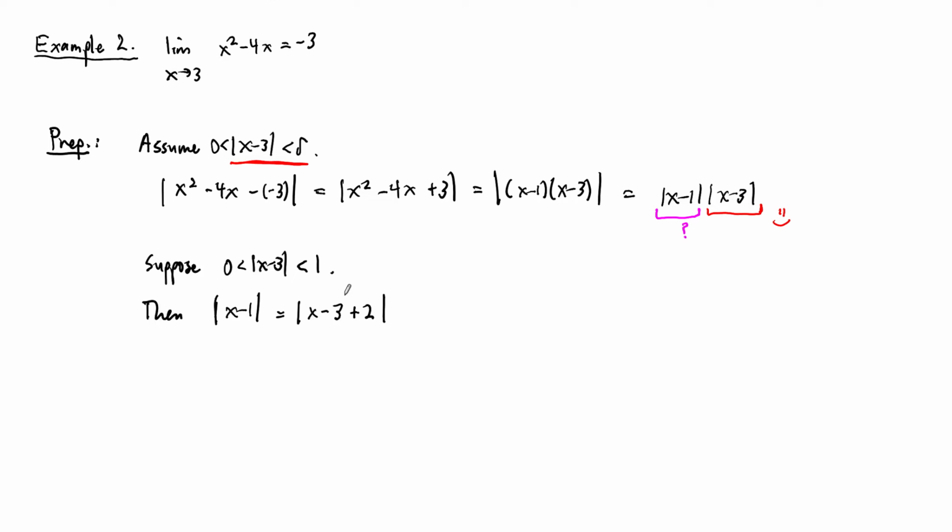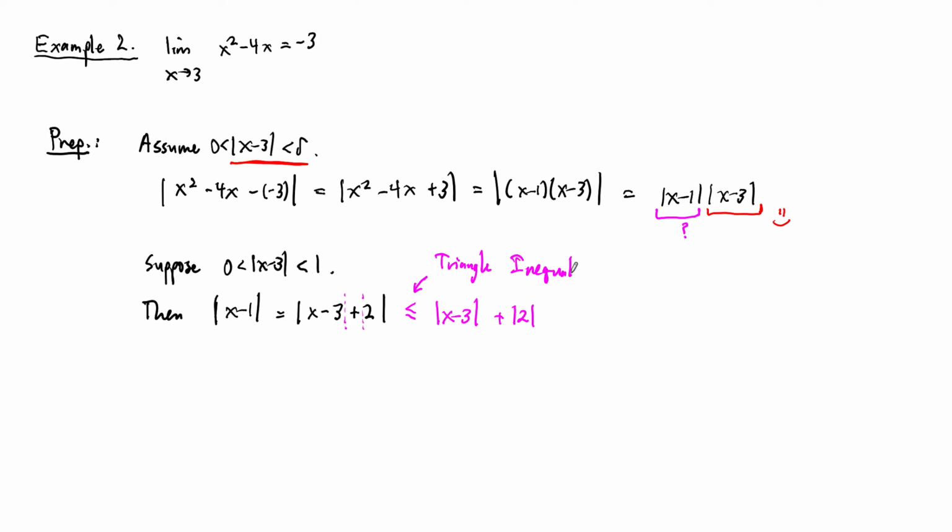If I wanted to break this absolute value up, I can do it, but I get a different symbol here. So what I end up with is that this is less than or equal to the absolute value of x minus 3 plus the absolute value of 2. This is by the triangle inequality. If you don't remember this, please look it up.